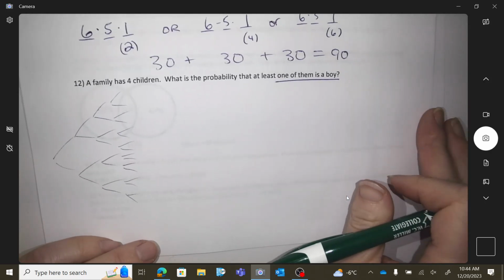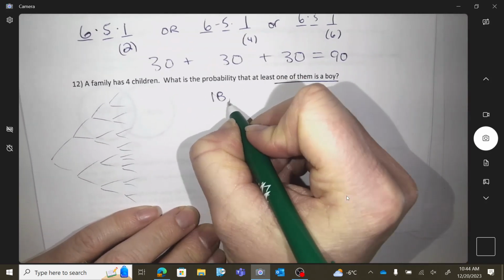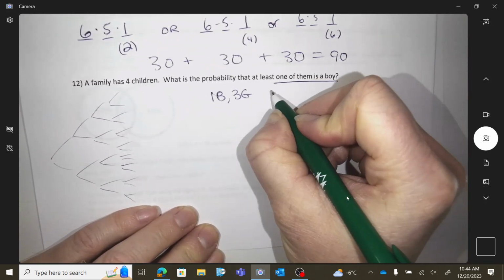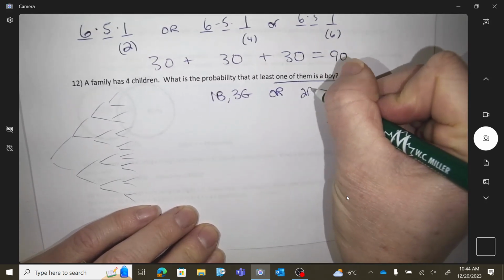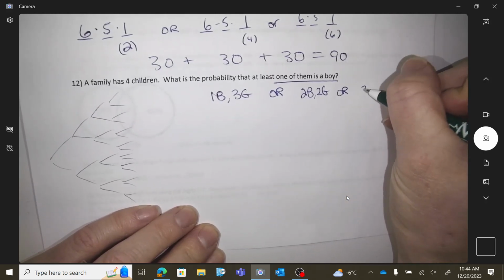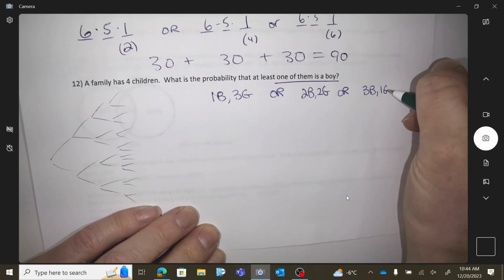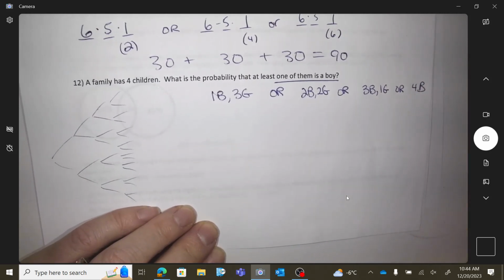You could do at least one of them a boy, so you could do 1 boy, 3 girls, or you could put 2 boys, 2 girls in the family, or you could put 3 boys, 1 girl, or you could put all boys.